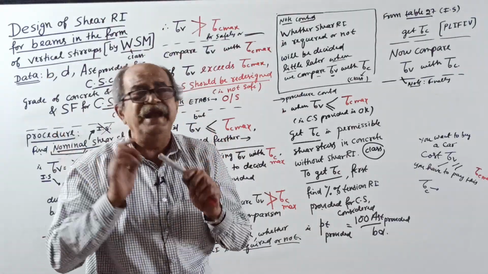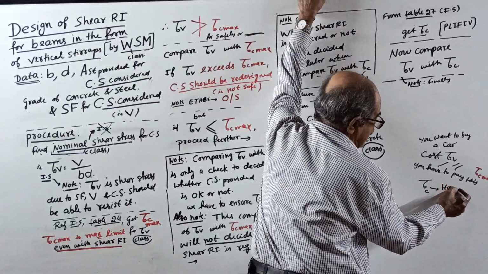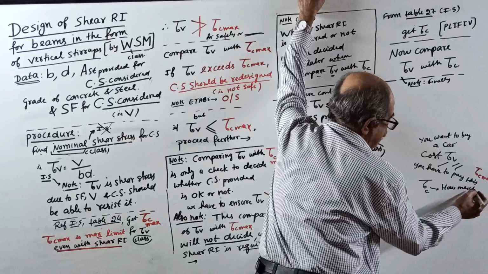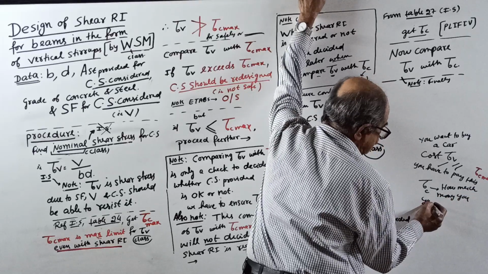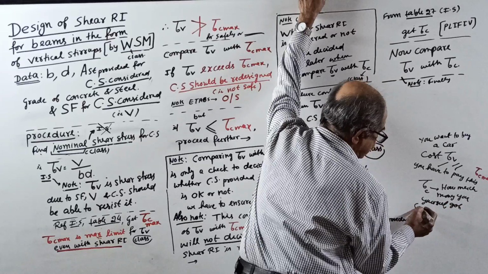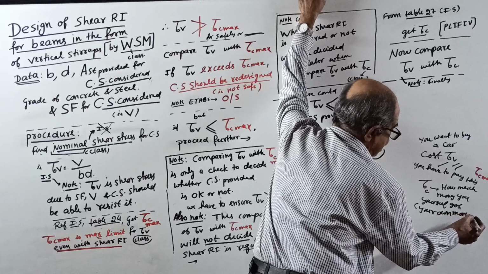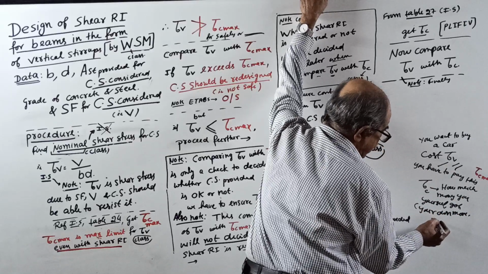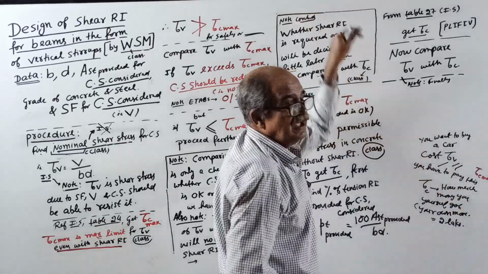Remember, you are concrete. So tau c is how much money you yourself got. That is your own money. Just imagine that money is 2 lakhs.